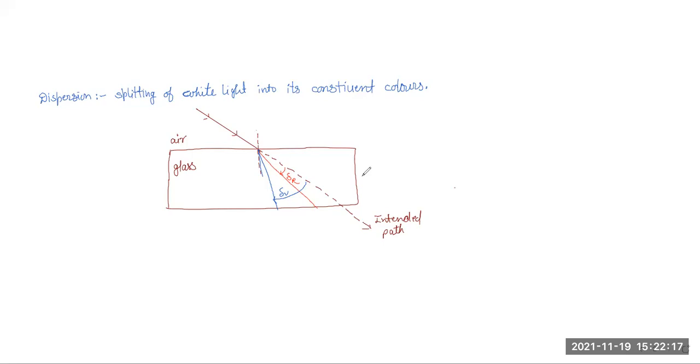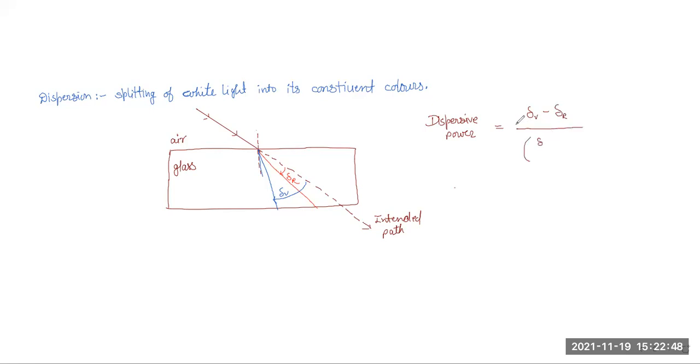Then the more important term to discuss here is something called dispersive power. This dispersive power can be calculated as the difference between delta V minus delta R divided by the average deviation.